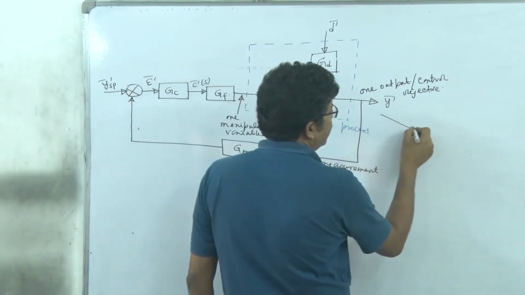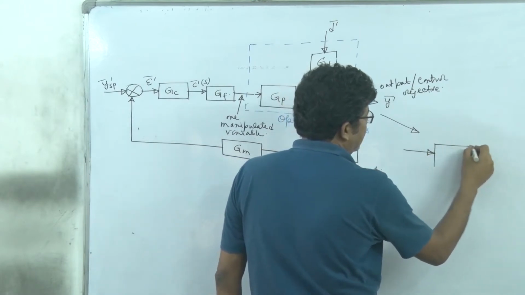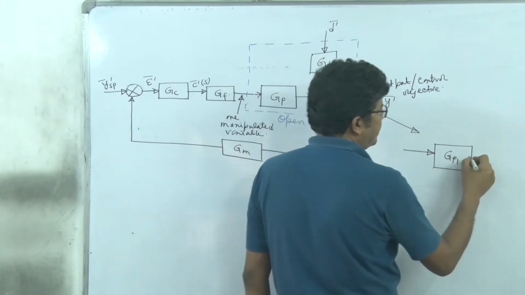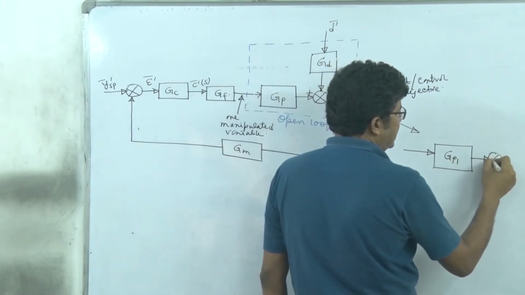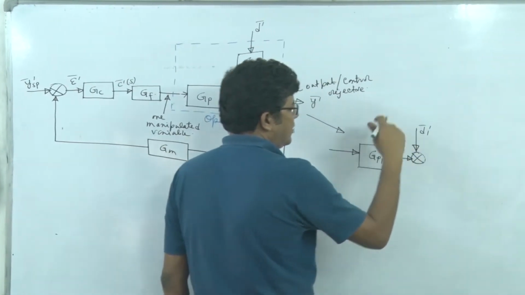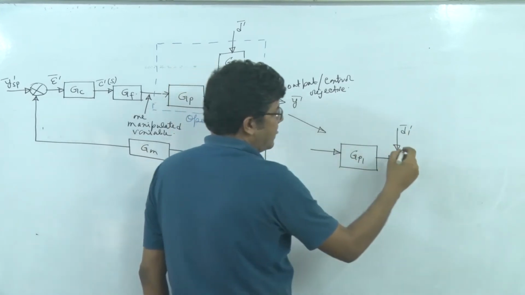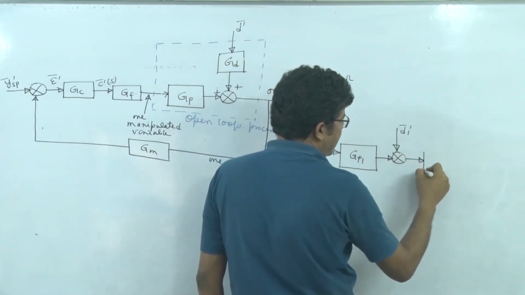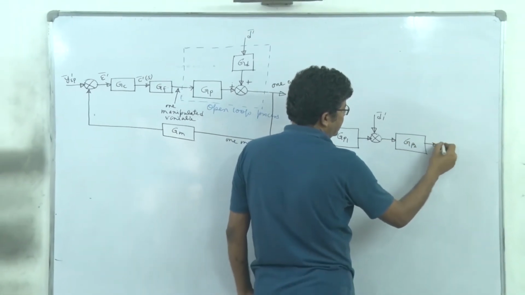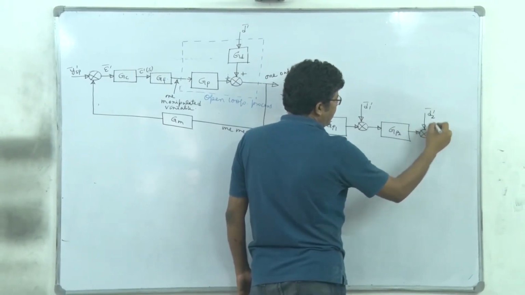For example, we have GP1, next an intermediate disturbance, then another process block with another disturbance being added to it, finally giving the output.